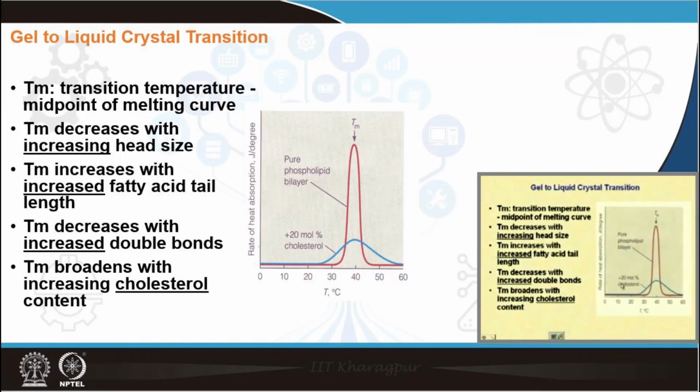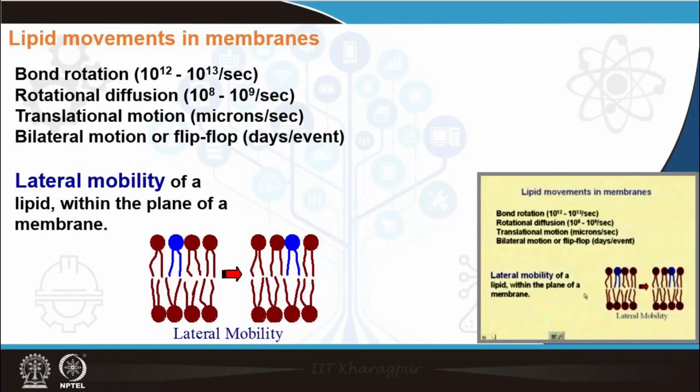With the presence of cholesterol, there is an increase in the cholesterol content, meaning that the Tm is going to broaden, means the transition will not be sharp. Okay? So, we are going to have a broadened amount of melting, because there is going to be gradual disruption in the structure amounting to a gradual curve basically, and not sharp transition.